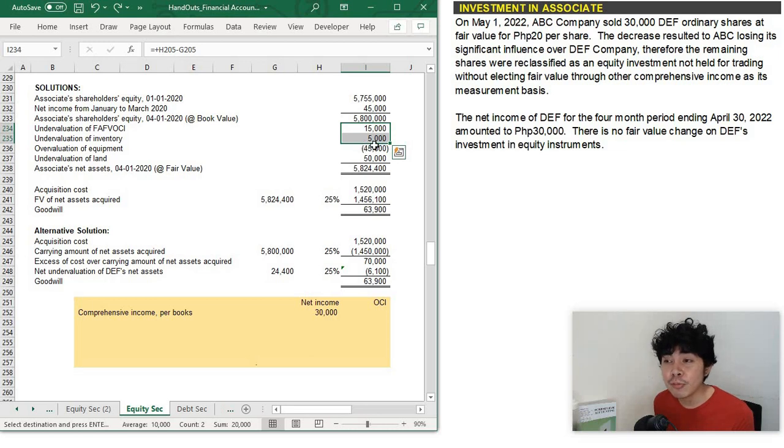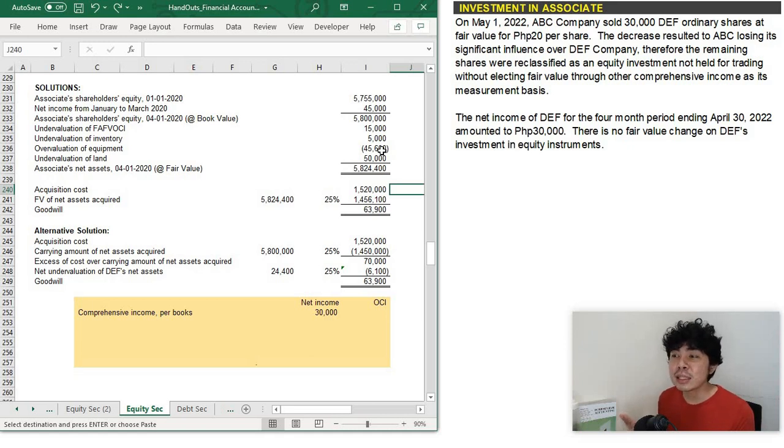Kailan mauubos tong 45,600? Supposedly, dapat mauubos yan until the end of useful life. Eh, hindi pa naman tapos yung useful life niya, di ba? So, ibig sabihin, i-amortize pa rin natin to for 4 months. Again, 4 months na lang kasi yun na lang yung natitirang buwan na i-account natin ang ating investment under equity method. So, itong 50,000 pesos na to, hindi na natin to ma-amortize kasi on May 1, hindi na equity method yung accounting treatment natin for our investment.